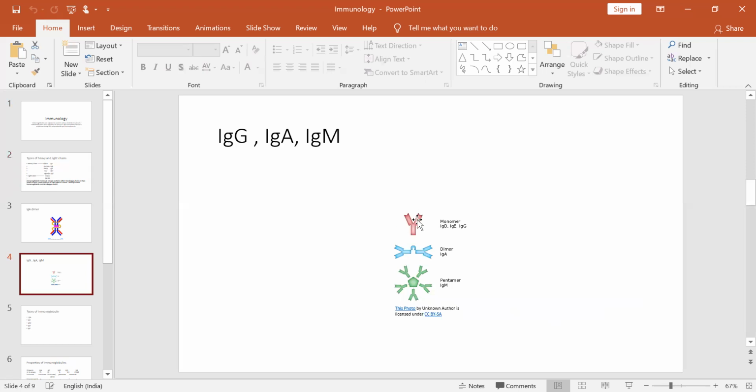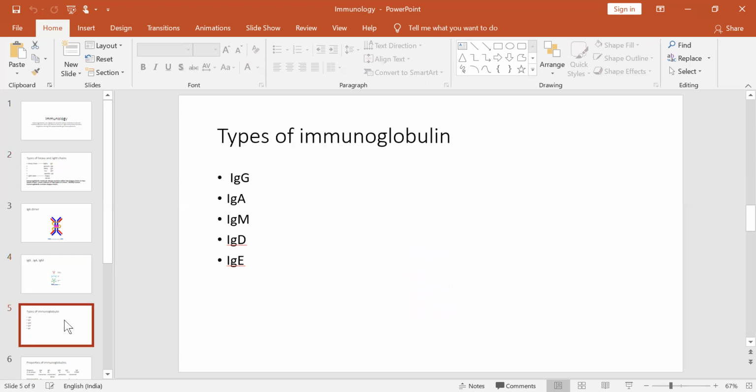This inverted Y-shaped structure is present in IgG, IgE, and IgD, and this is IgA. Later I will discuss this. Now you have already understood the different types: IgG, A, M, D, E.